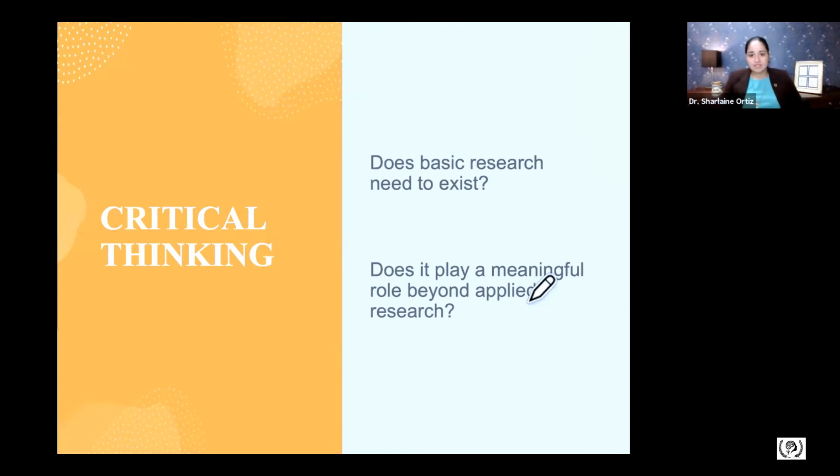Now, something immensely important of both these research methods, so for example, our basic and also our applied that we were just talking about earlier, we also need critical thinking. And in this type of critical thinking, when we are exposed to either basic or applied research, you need to understand what exactly is the expertise of the person making the claim through their research.